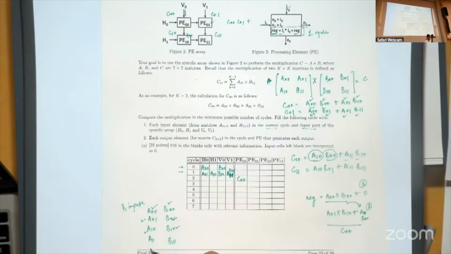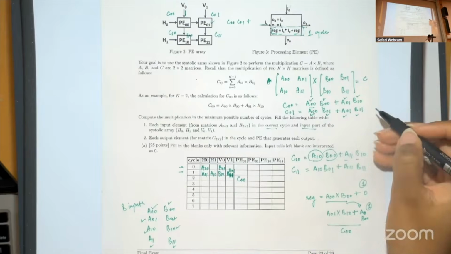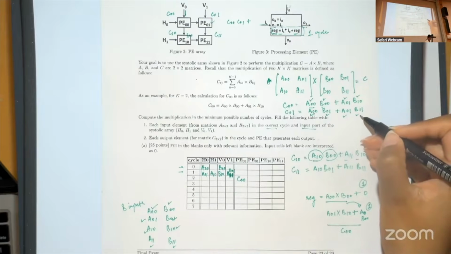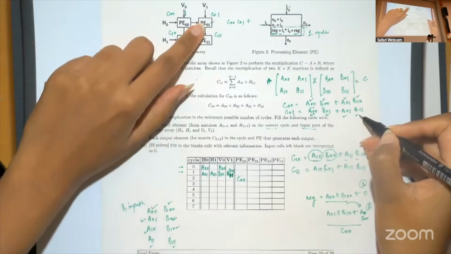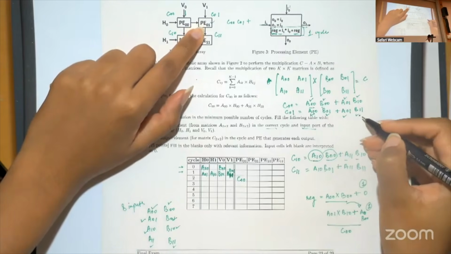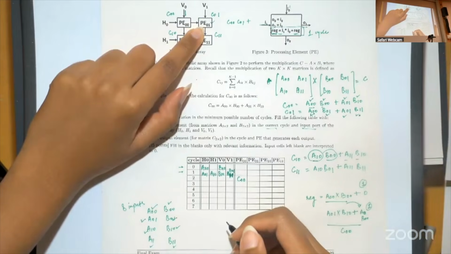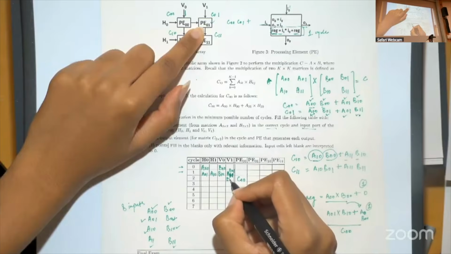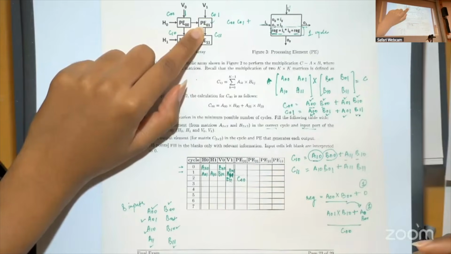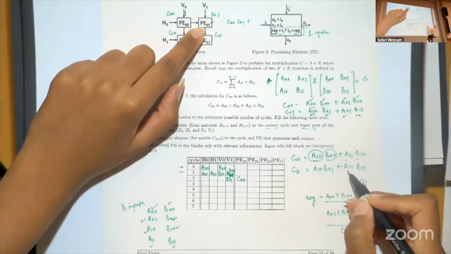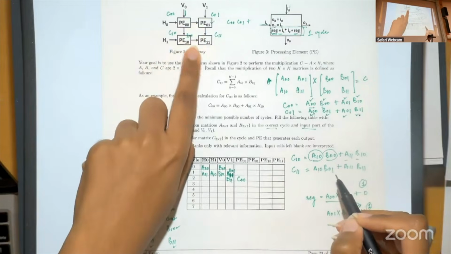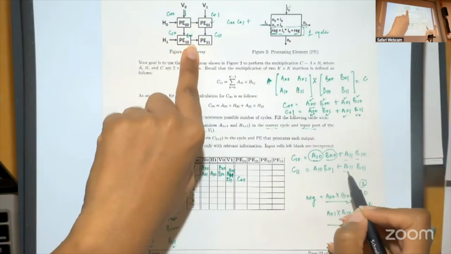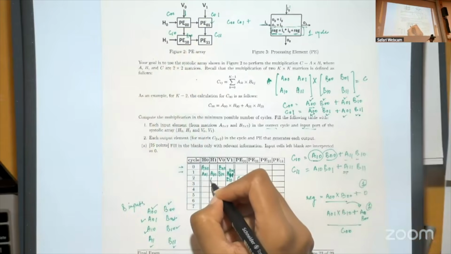Now we are only left with A11 and B11. Which PEs require these? PE01 requires B11, so we will pass B11 here as V1, and these PEs require A11, so we will pass A11 as H1.